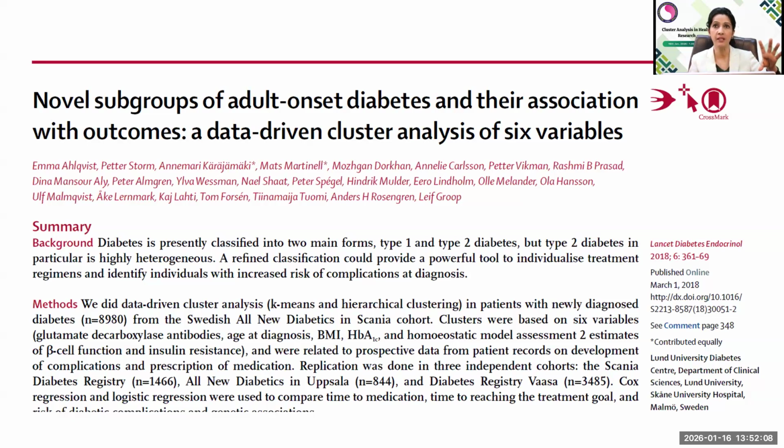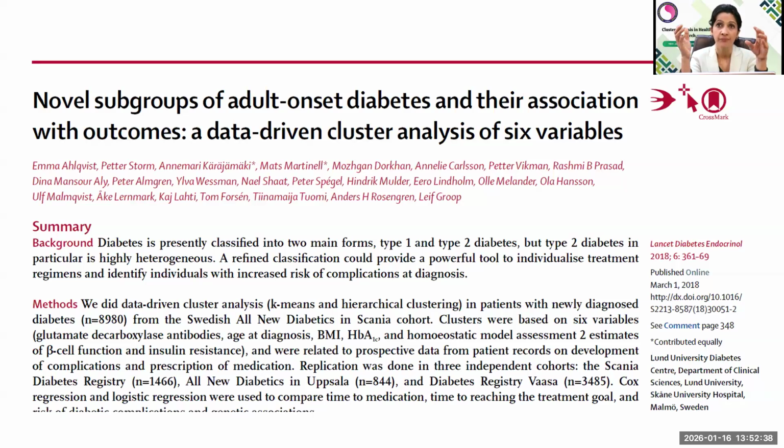In type 2 diabetes also, a lot of variations you will see. It is not that you can fit all those patients into one pattern. So what he observed was that there is a need for a refined classification which will provide a tool to individualize the treatment and to identify the individuals who are at risk of complications. In this article they have studied the risk of complications.